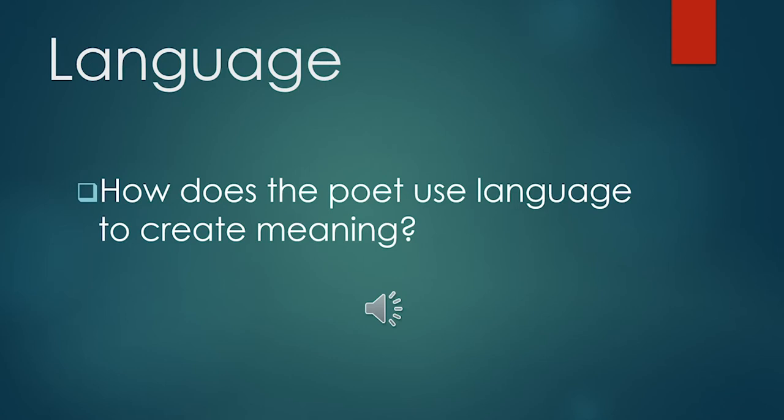Every single word that is chosen in the poem has been chosen for a purpose. Now, when we look at the language in the poem, we should look at the descriptive language in a lot of cases. Adjectives, verbs, adverbs, these types of things. Now we also need to look at connotations.